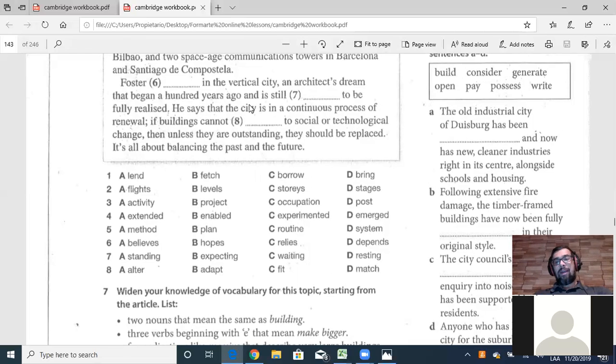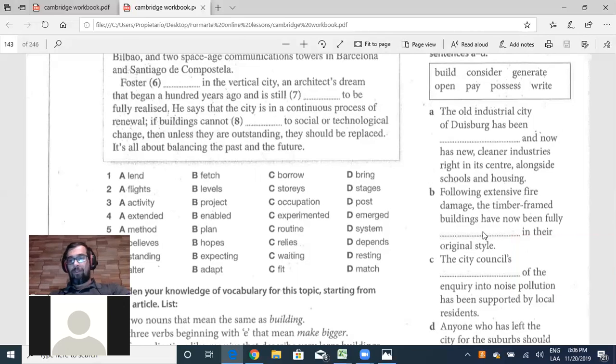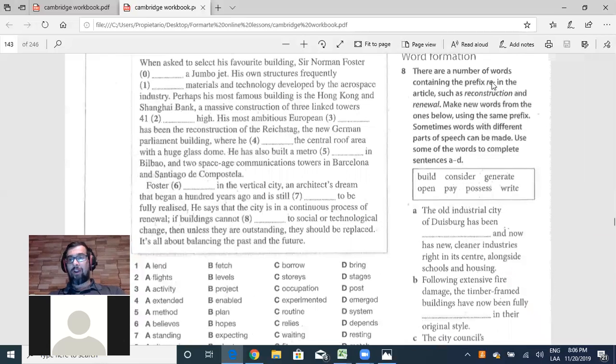And now, just for us to work a little bit with the prefix re. For example, here will be rebuild, reconsider, regenerate, reopen, repay.